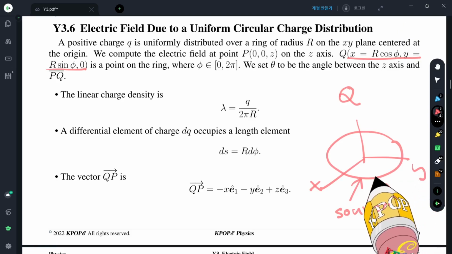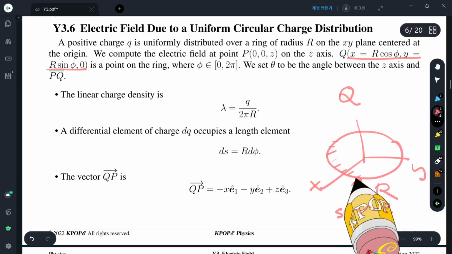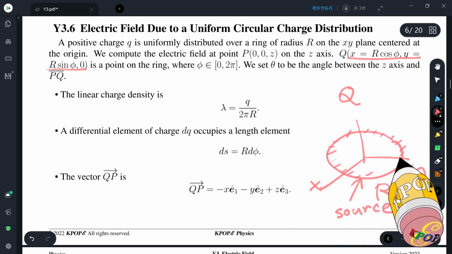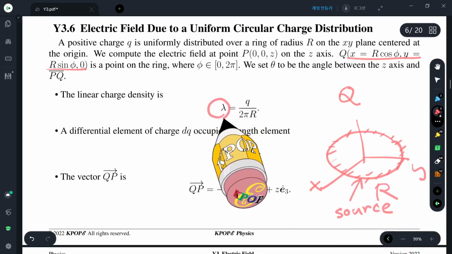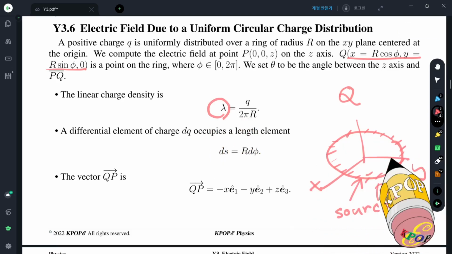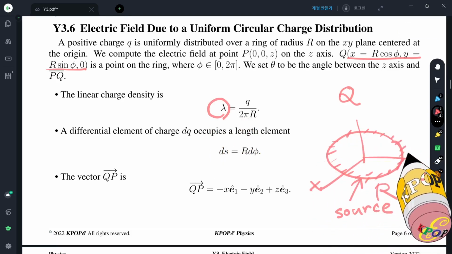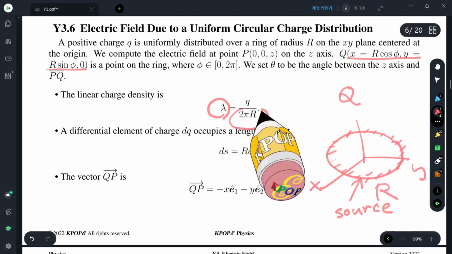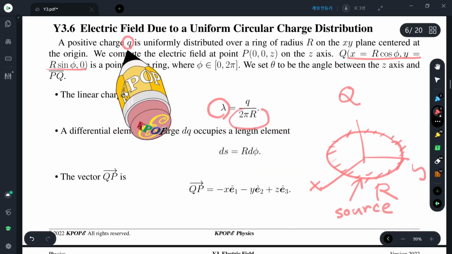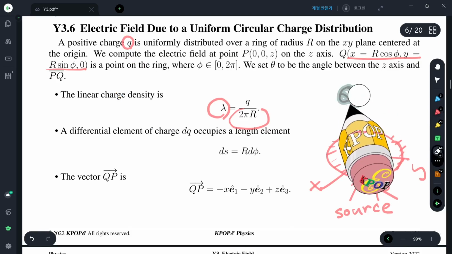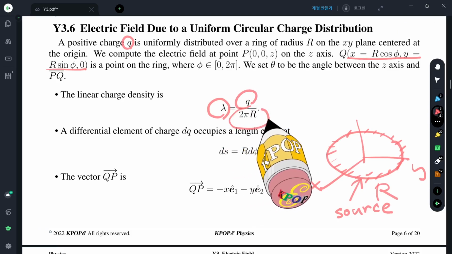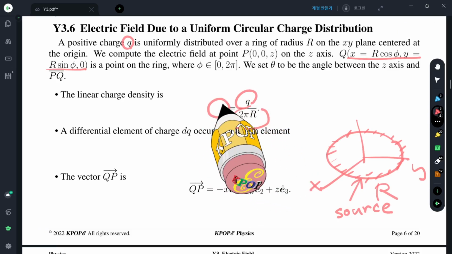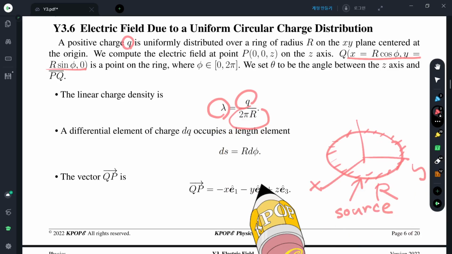Charge Q is distributed over this region. What is the density? It is a linear density. The circumference of the circle is 2 pi r, and the net charge is Q. Then Q divided by 2 pi r will be the linear charge density of this distribution over a uniform circle.